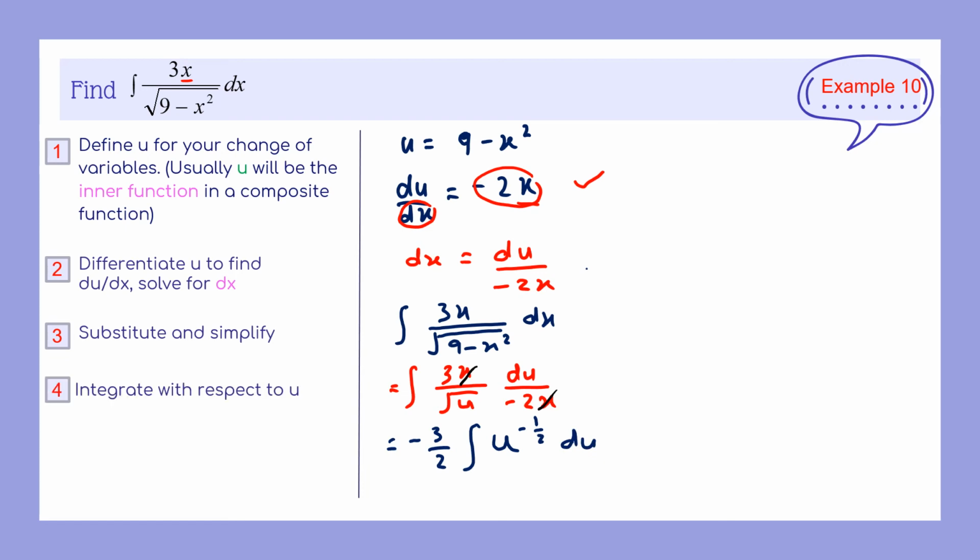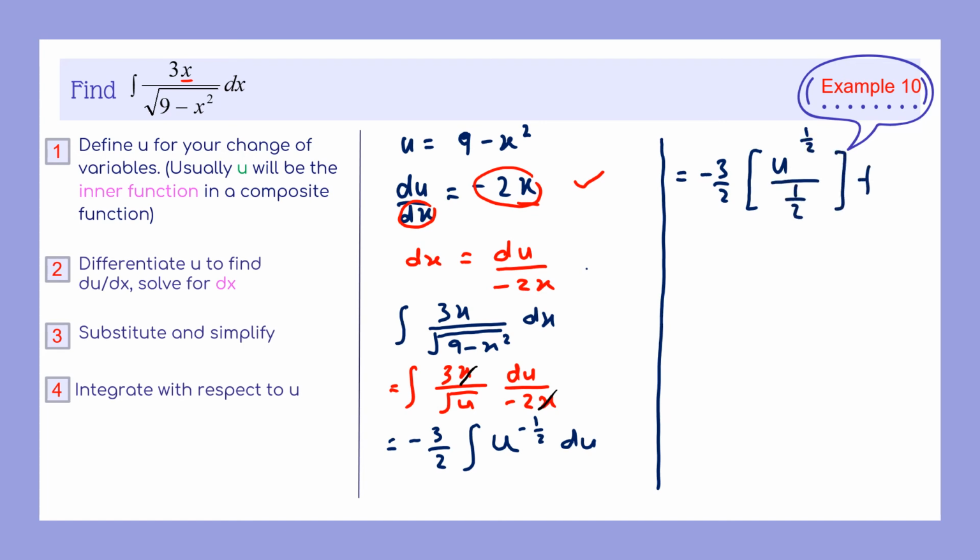Then step 4 is integrate with respect to u. So we integrate negative 3 over 2 integrate u power negative 1 over 2 du. We get negative 3 over 2 u power 1 over 2 over 1 over 2 plus c.